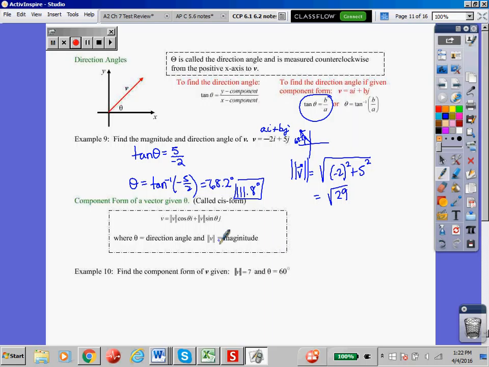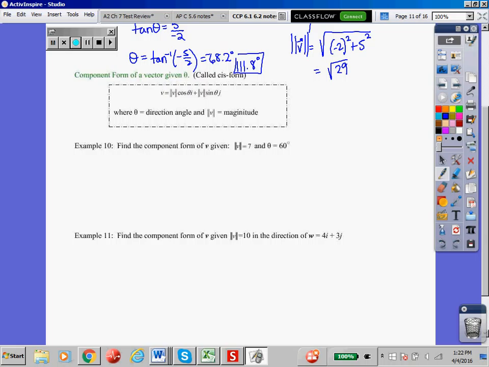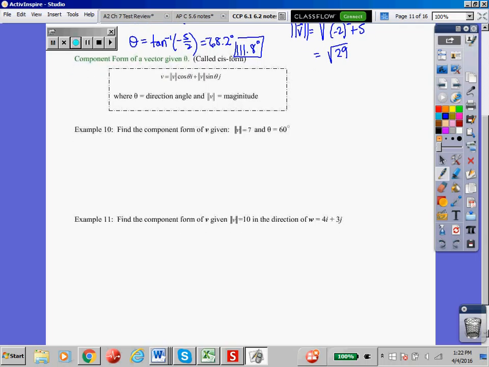So look at example 10. It says find the component form if you know the magnitude and the angle. So here's the deal. Vector V, that's called the CIS form, is the magnitude of V times the cosine of theta times I plus the magnitude of V times the sine theta J. That's the formula.